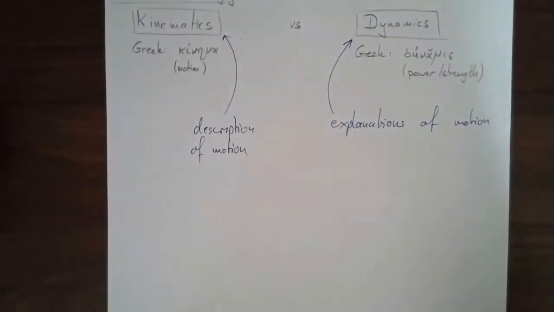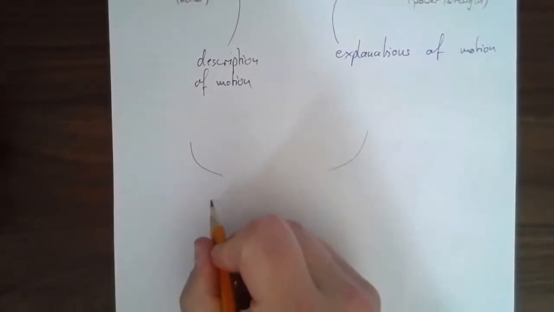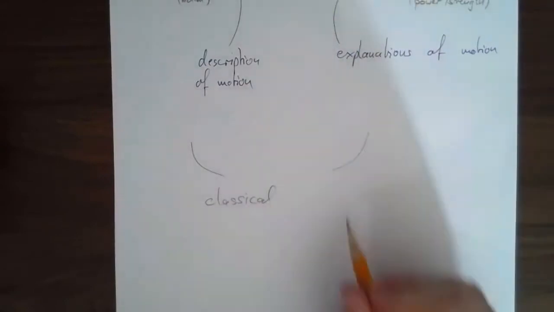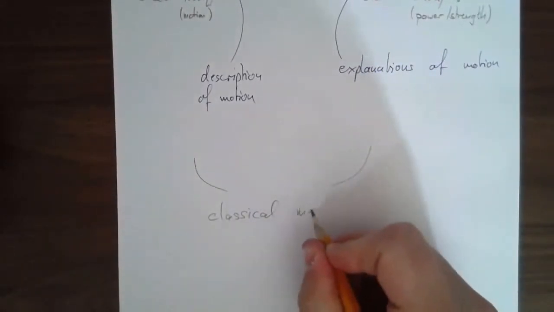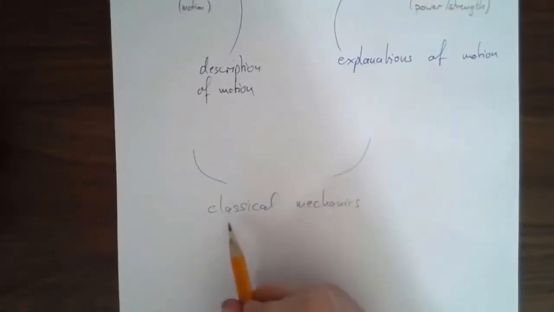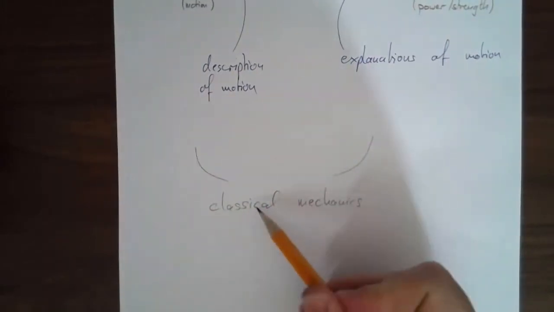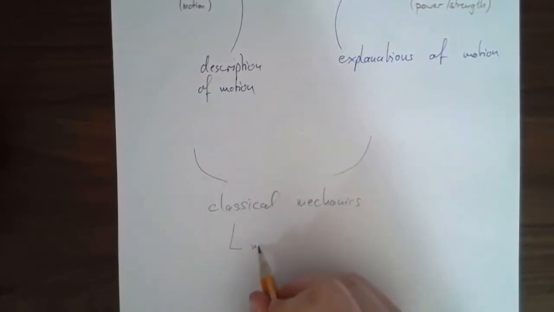In our case, altogether, we are studying what's called classical mechanics. So mechanics is just those two concepts together, kinematics and dynamics. And classical is really just kind of a funny word in physics. It really means things that it is not. Classical means it's not too small.